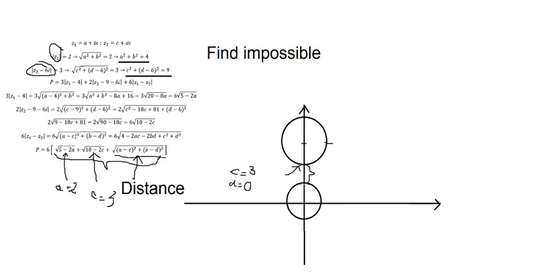So at this point, a should be 2 and b should be 0. So the distance between 3 and 2 is 1.